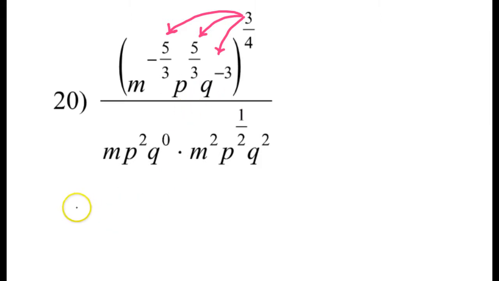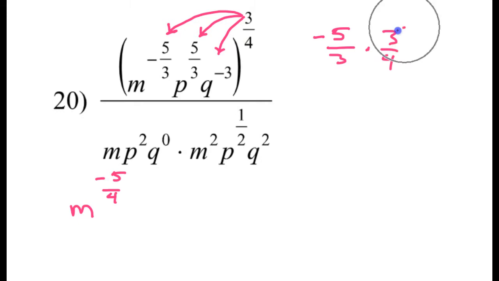So I am going to have m to the negative 5/4 power. Now when I look at these 2 numbers and I'm multiplying, I have negative 5/3 times 3/4. What I'm thinking is these 3's are going to cancel out. So that's just going to leave me with negative 5/4.